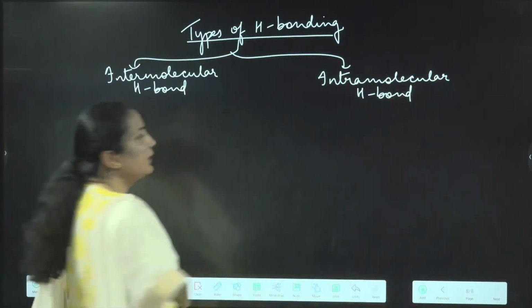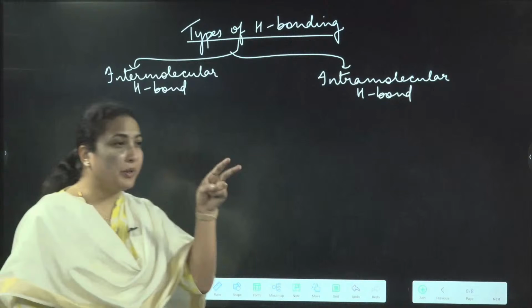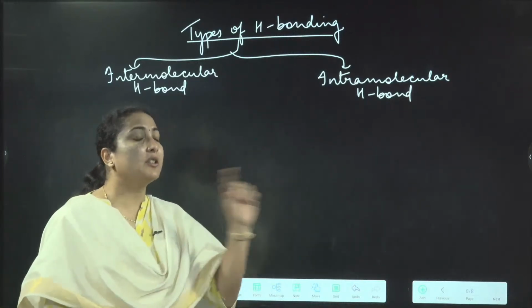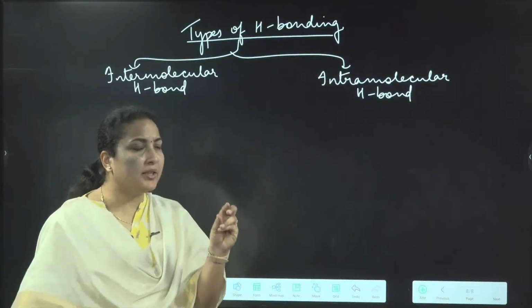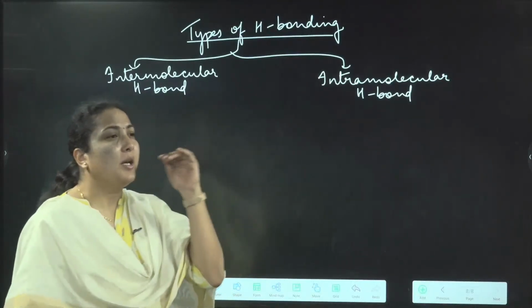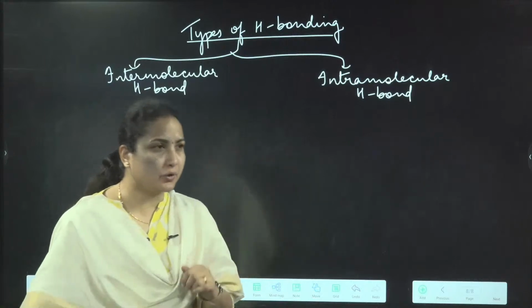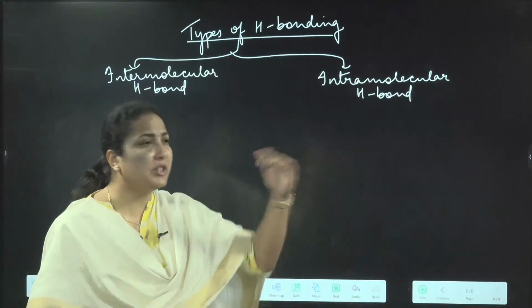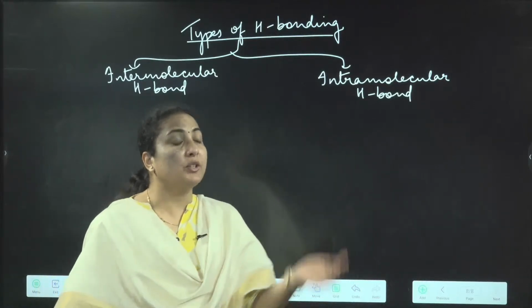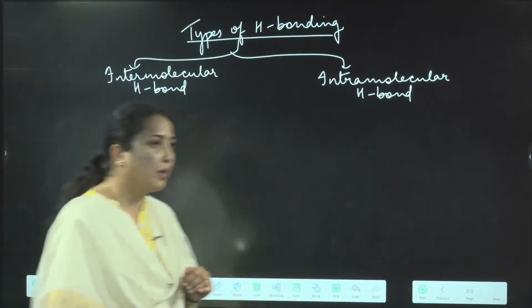When I talk about intermolecular, inter is always between two. Intra means within the same. So intermolecular hydrogen bond means between two molecules having hydrogen bond. Intramolecular means the condition for hydrogen bond formation is present within the same molecule, so within the same molecule, hydrogen bond is going to happen, right?